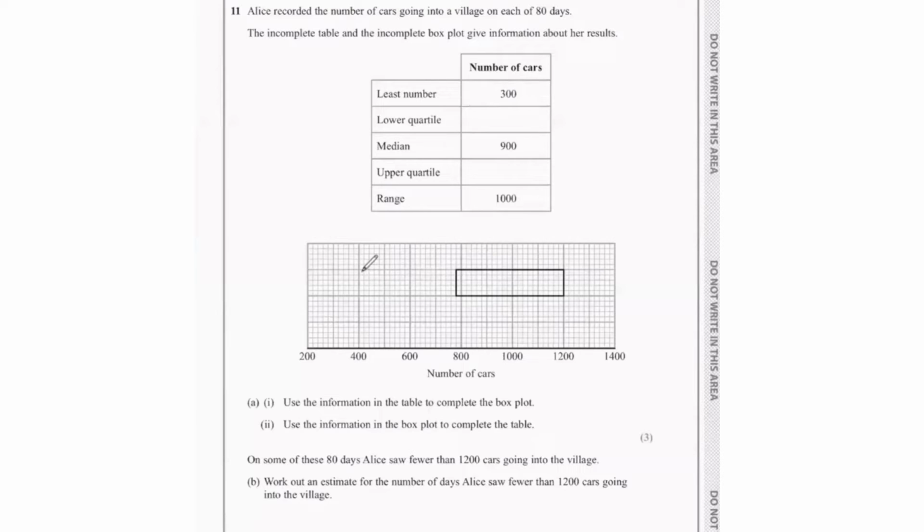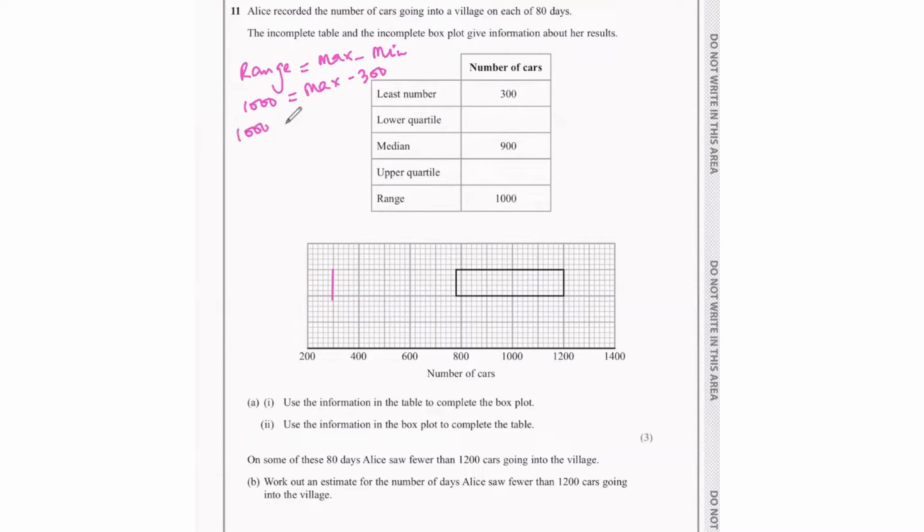So if the least value is 300, that's going to come over here. Maximum value can be found using the range. So range equals max minus minimum. So that's 1000 equals max minus 300.